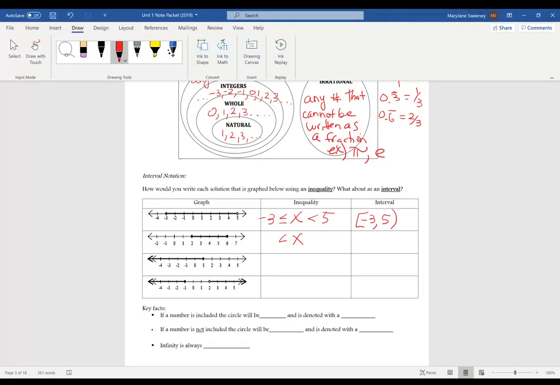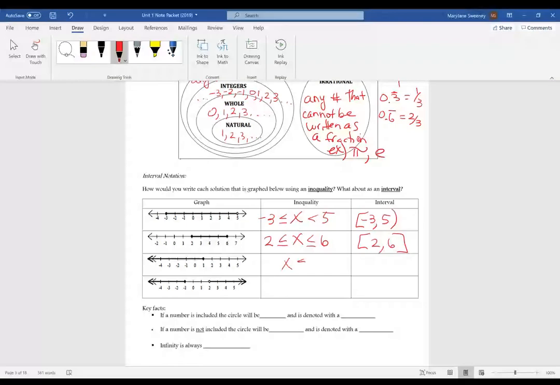Next one, we're going to put our less than or equal to. It's x is actually greater than or equal to 2 if we're reading from right to left. And then from left to right here, x is less than or equal to 6. So that'd be hard bracket 2 to 6. Both have hard brackets.